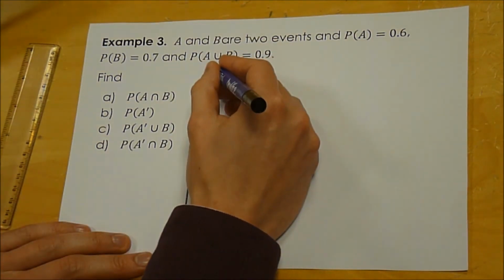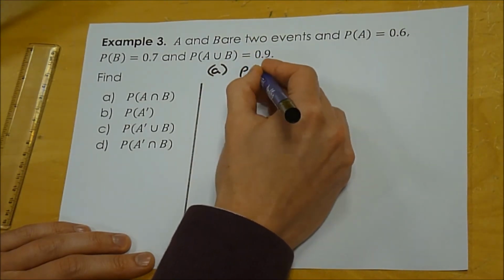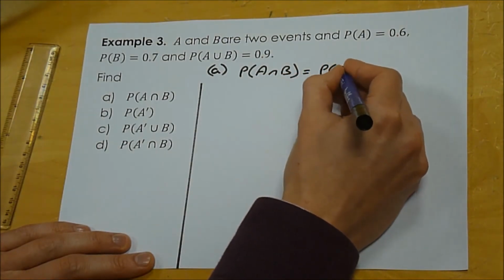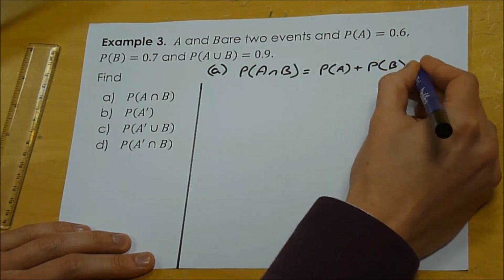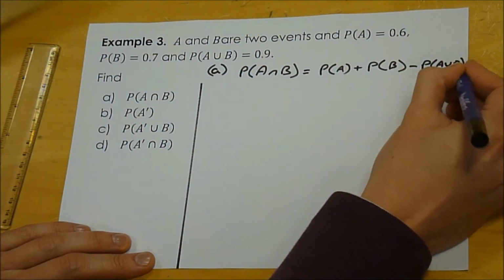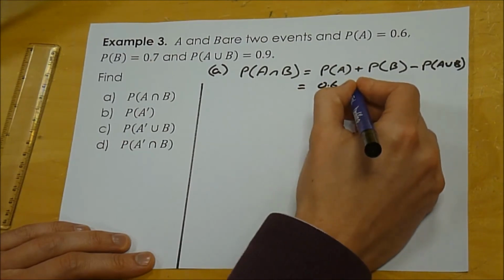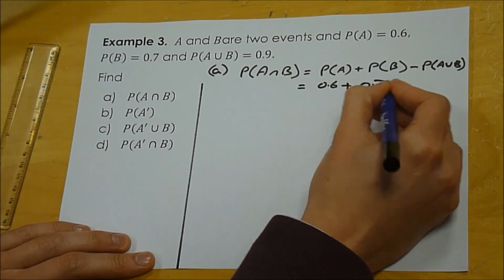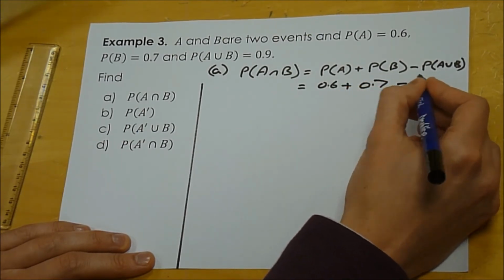Using our addition rule, we can see that the probability of A and B is equal to the probability of A plus the probability of B, take away the probability of A or B. So we know the probability of A is 0.6, we know the probability of B is 0.7, and we know the probability of A or B is 0.9.